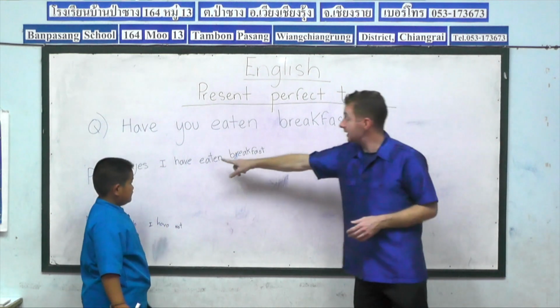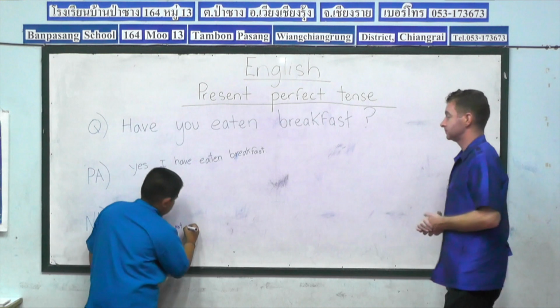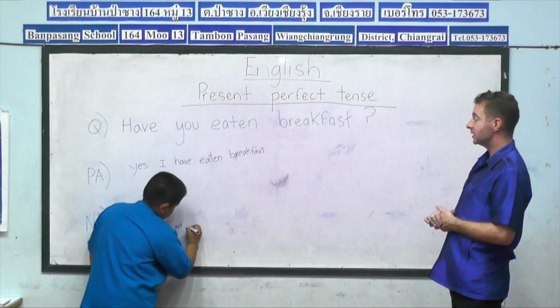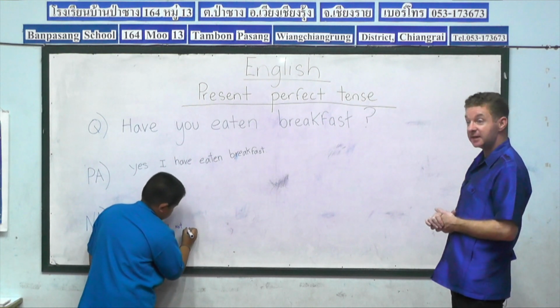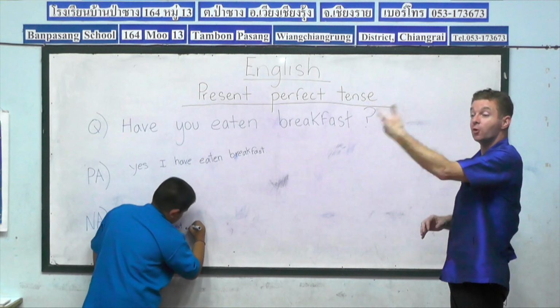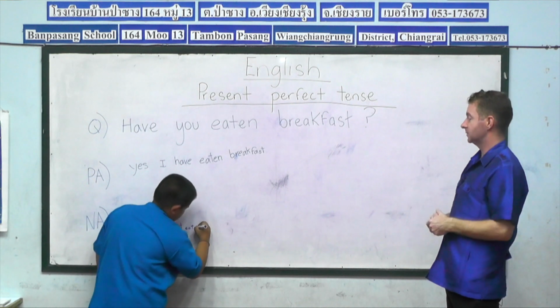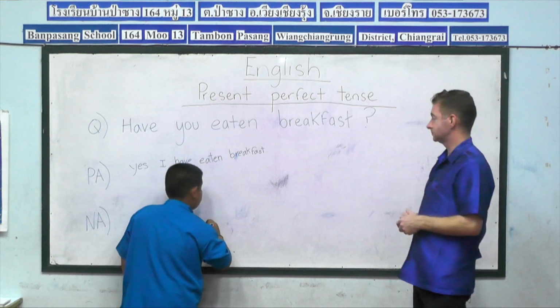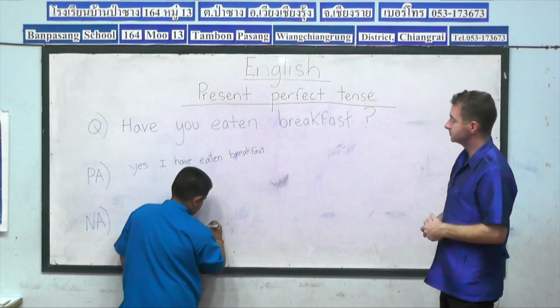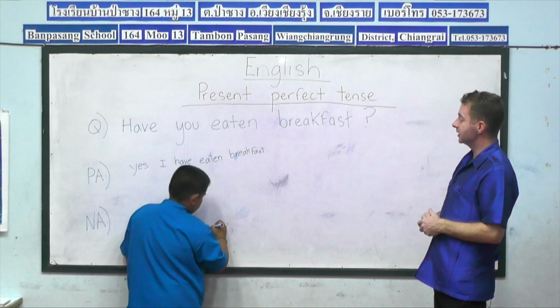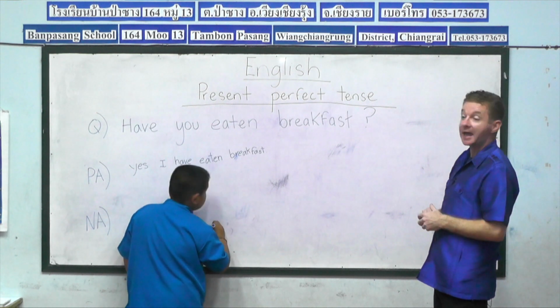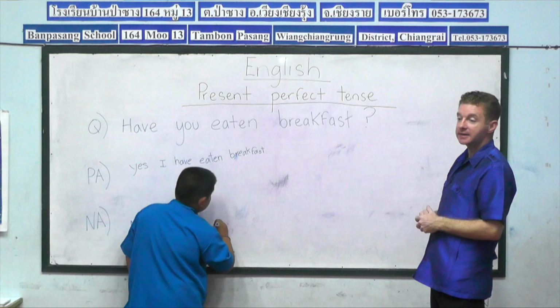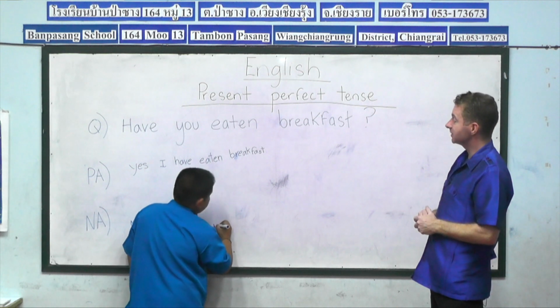And then eaten breakfast. E-A-T-E-N. The past tense form of eat. Eaten. And the activity, breakfast. B-R-E-A-K-F-A-S-T.